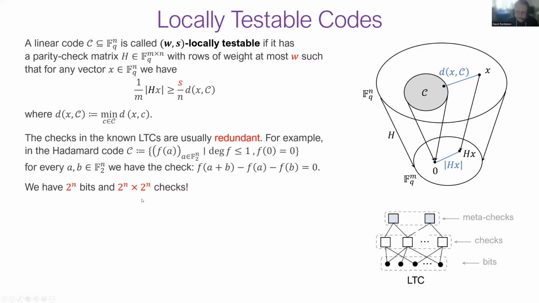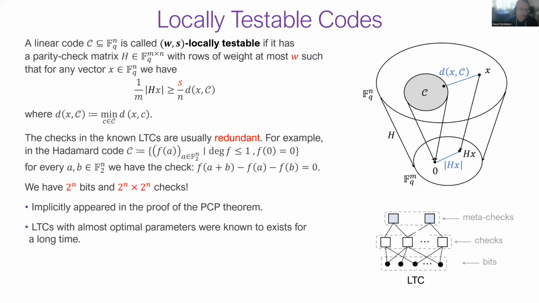So it means that the number of checks is much more than needed, which suggests that these checks are really redundant, and we can also consider some meta checks on checks. To be honest, I'm not aware of any practical applications of locally testable codes, but they are really important in theoretical computer science, since they implicitly appeared in the proof of PCP theorem.